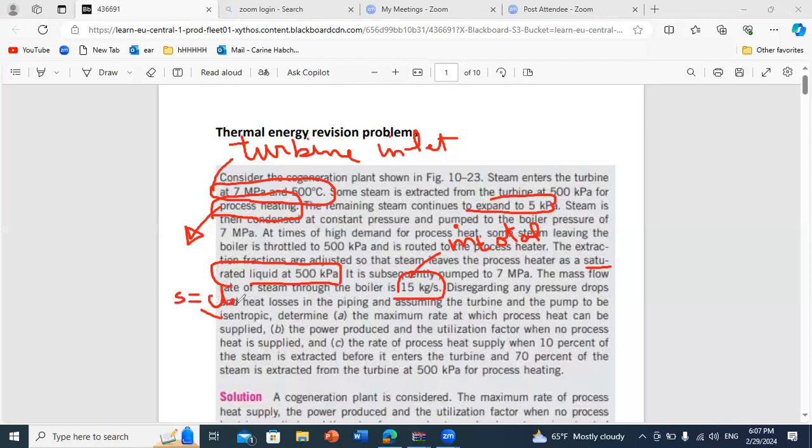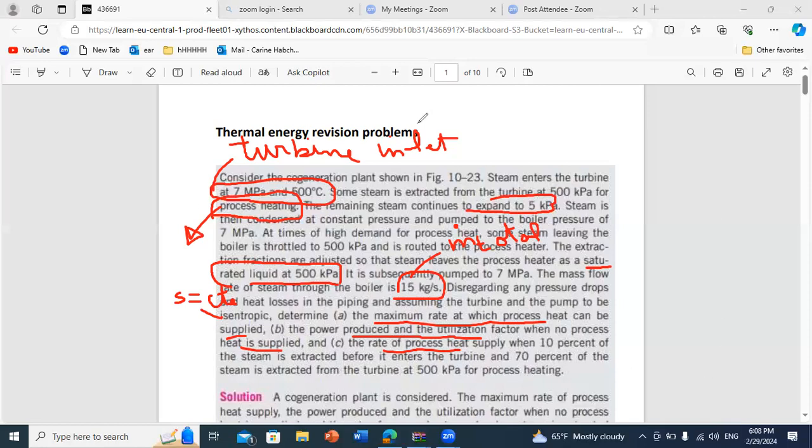We want to determine first what is the maximum rate of process heat that can be supplied, what is the power produced and the utilization factor when no process heat is supplied, and finally, what is the rate of process heat supply if 10% of the steam is extracted before it enters the turbine, and 70% of the steam is extracted from the turbine at 500 kilopascal to cause process heating.